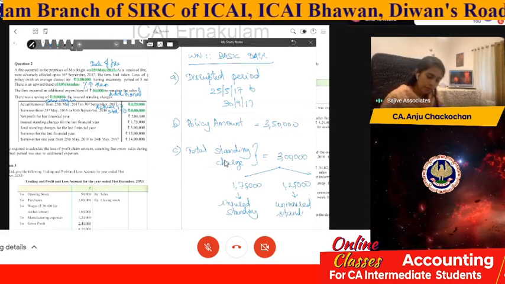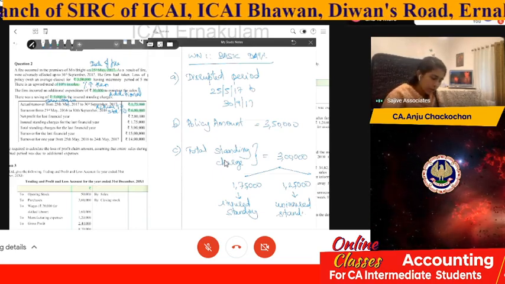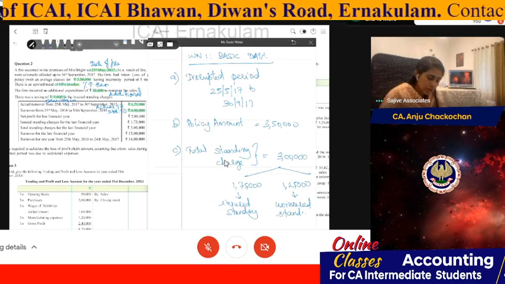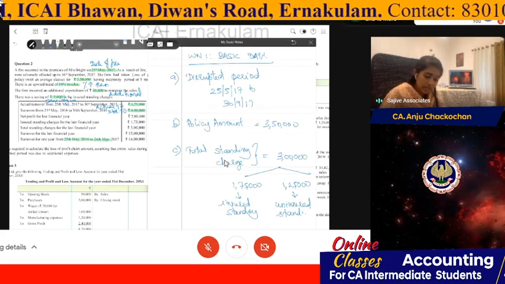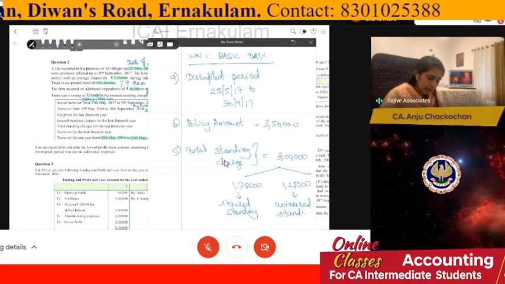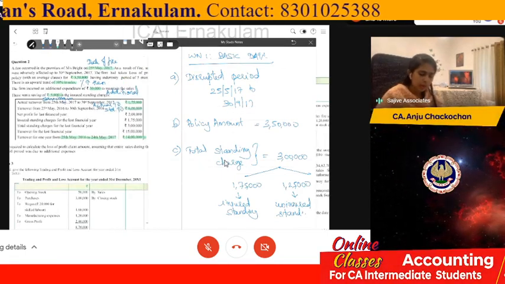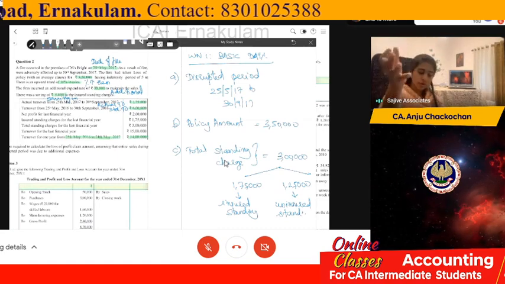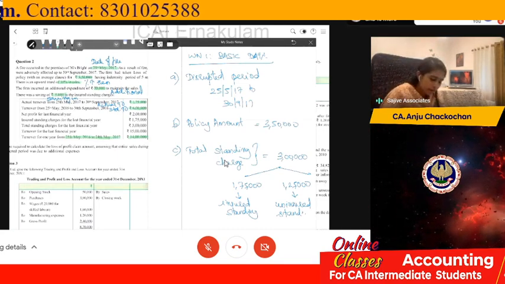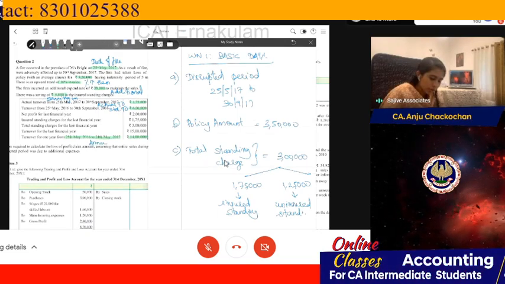Now turnover for the previous year is given. One more turnover data is given from 25th of May 2016 to 24th of May 2017. Let's see why that is there. 14 lakh. That will be our annual turnover.